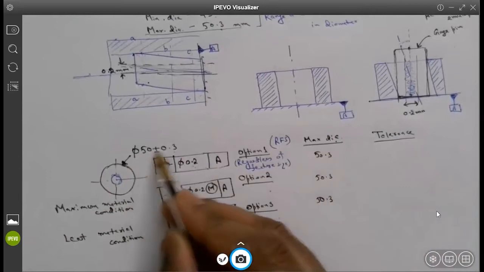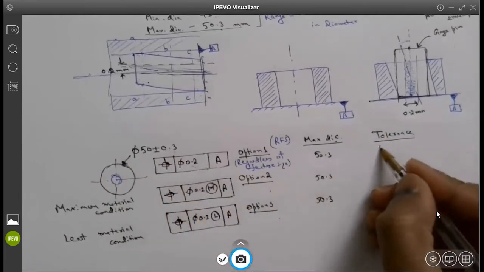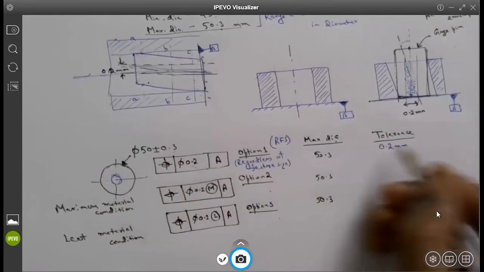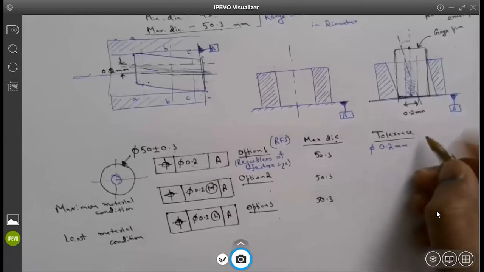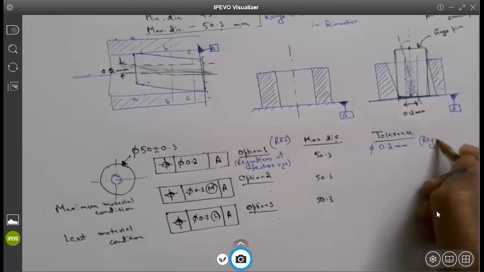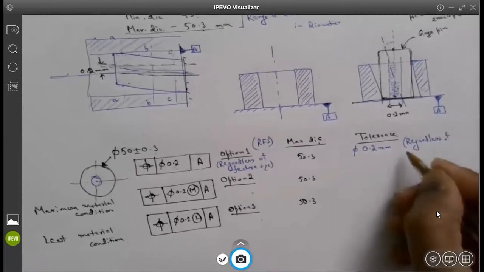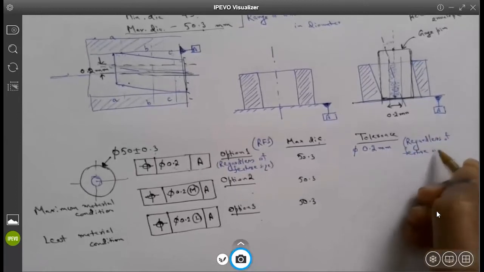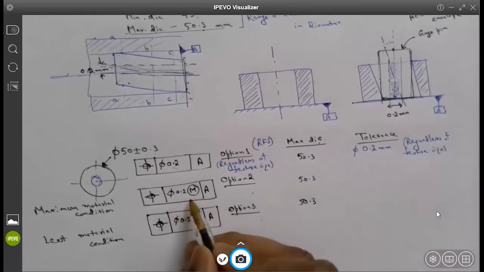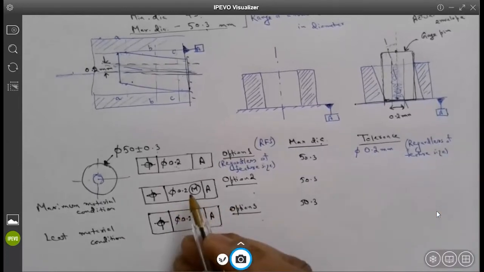Irrespective of the size, the tolerance always remains a cylindrical tolerance zone of 0.2 millimeters diameter.